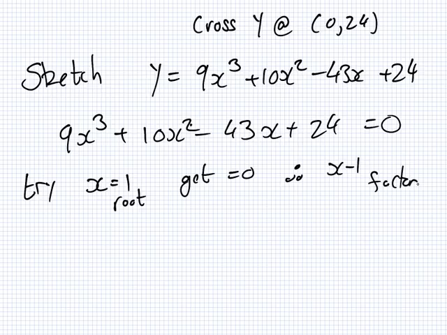Now for the exam, they'll always make the root between minus 3 and plus 3. So if you don't get it by the time you get to 3, then you've missed it. It's always going to be from minus 3 to 3. Okay? Now what do I do? I divide.